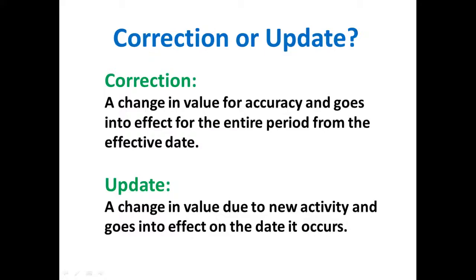And here's an example. Let's say you used default values when you originally set up your Portfolio Manager account, and now you're going to put the actual values. That would be a correction. On the other hand, let's say your school added several portables and connected them to your main school meter. Or let's say you built a new wing onto your school and added a lot of square footage.